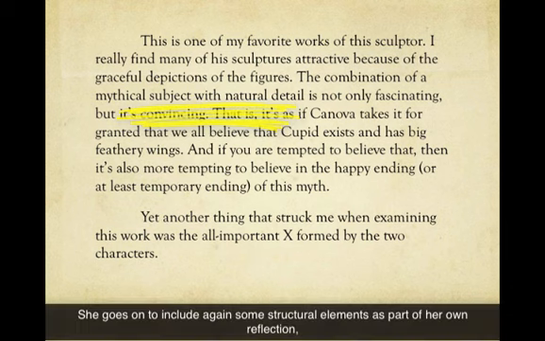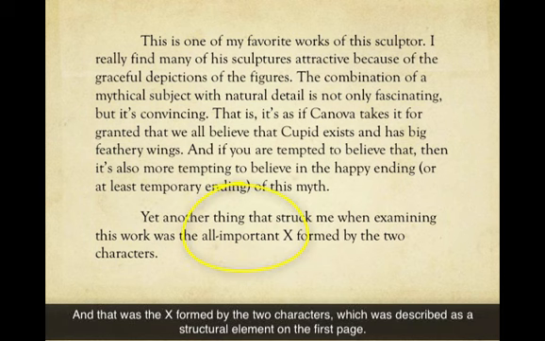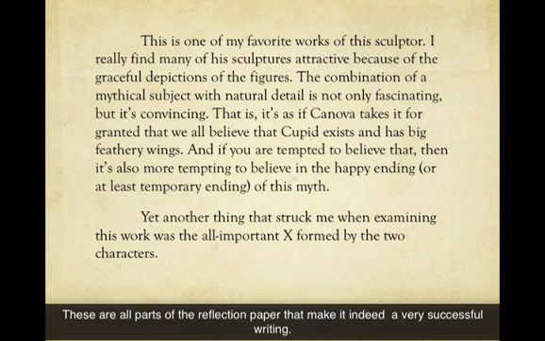She goes on to include, again, some structural elements as part of her own reflection, something that seemed important to her or striking, fascinating, interesting, and that was the X formed by the two characters, which was described as a structural element on the first page. These are all parts of the reflection paper that make it indeed a very successful writing.